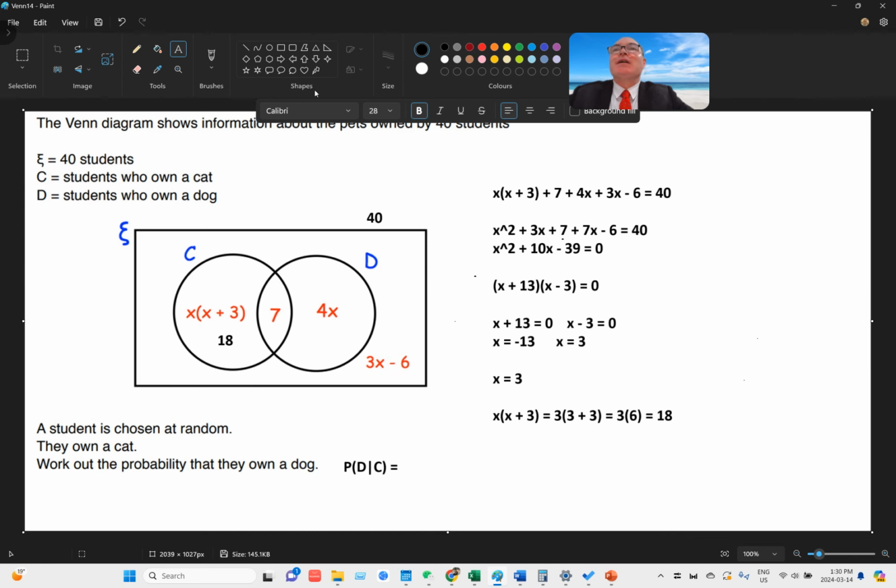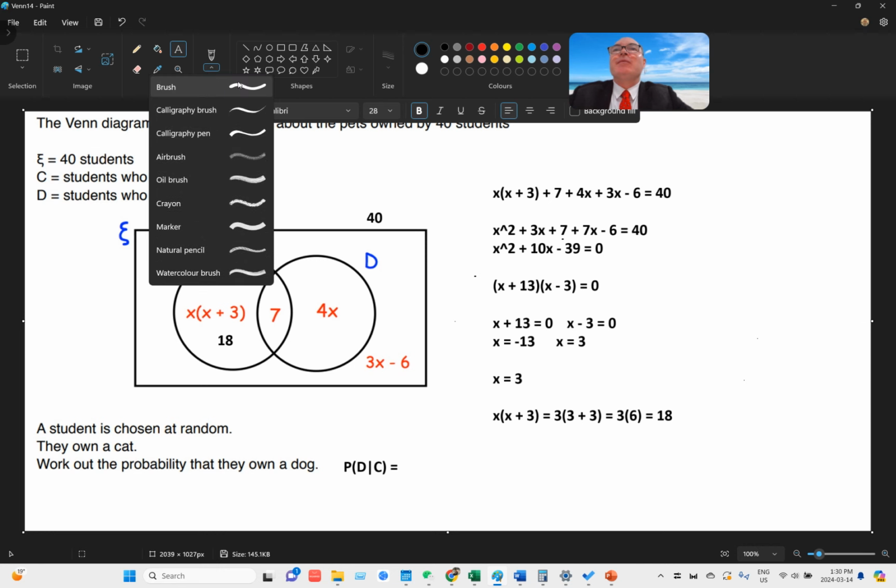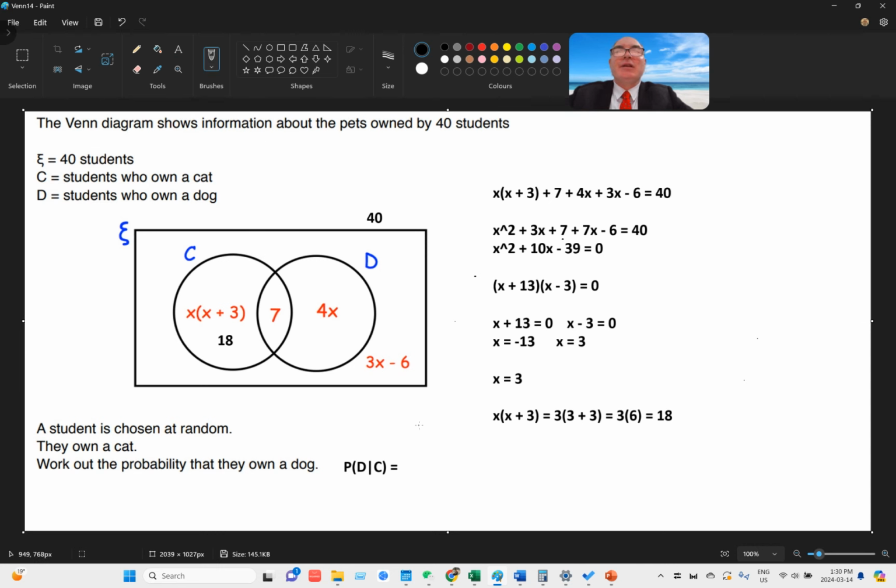This is going to be equal to, the total number of people who own a cat, that's 18 plus the 7, which is 25. And the number who also own a dog, out of people who own cats, is 7. That would be our answer there.